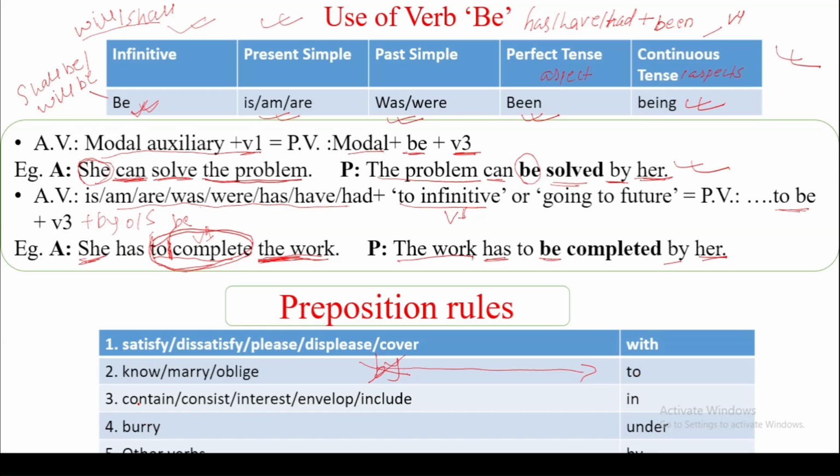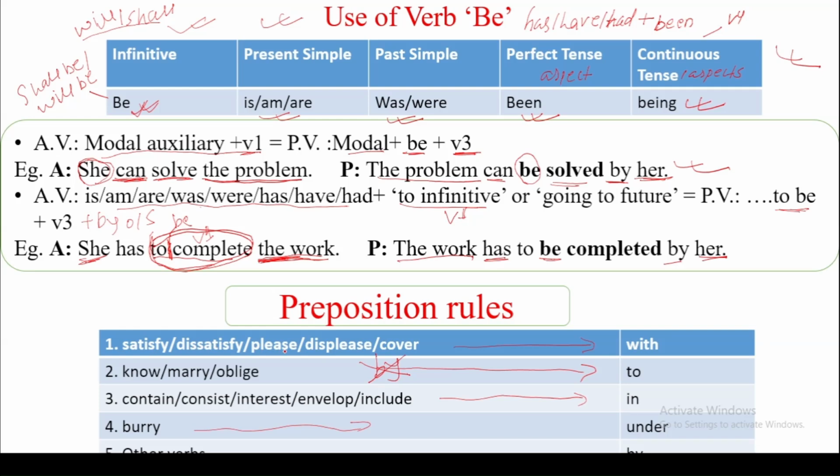If the verb is contain, consist, interest, envelop, include, we use in. Similarly, if we have buried, we use under, and with other verbs, we use generally by. And with satisfied, dissatisfied, please, displease, cover, we use with.